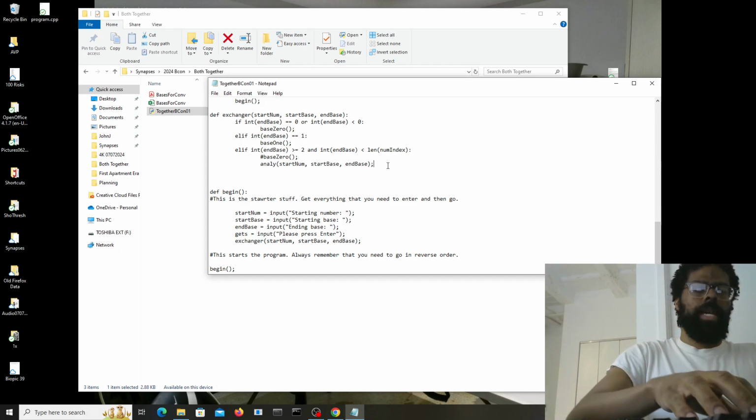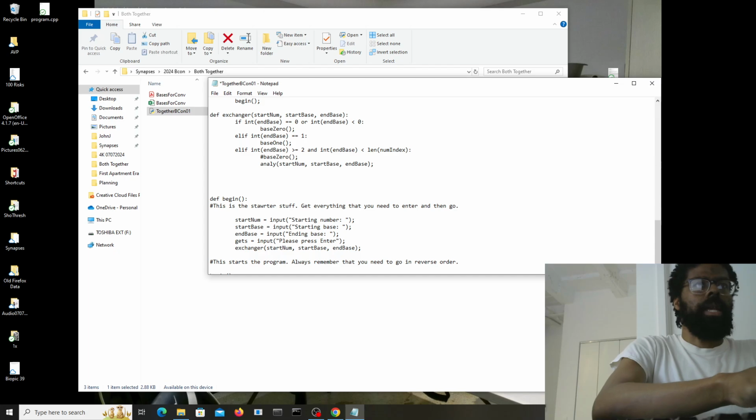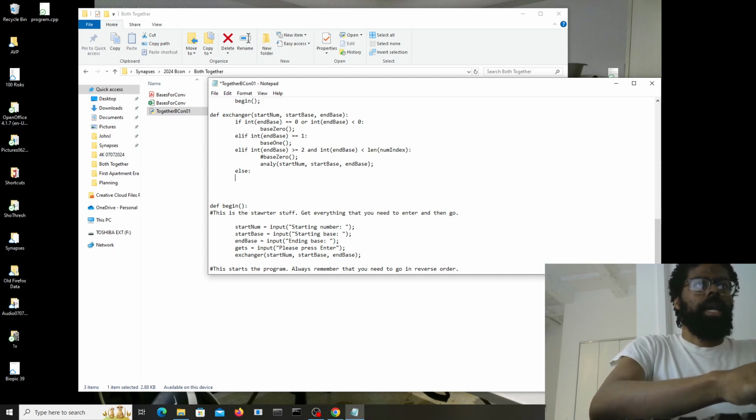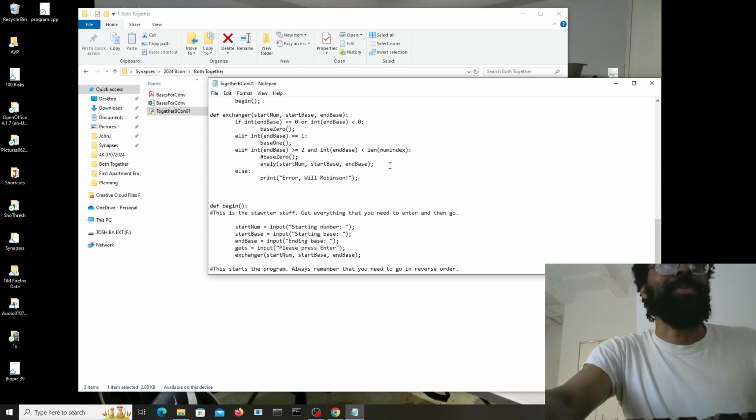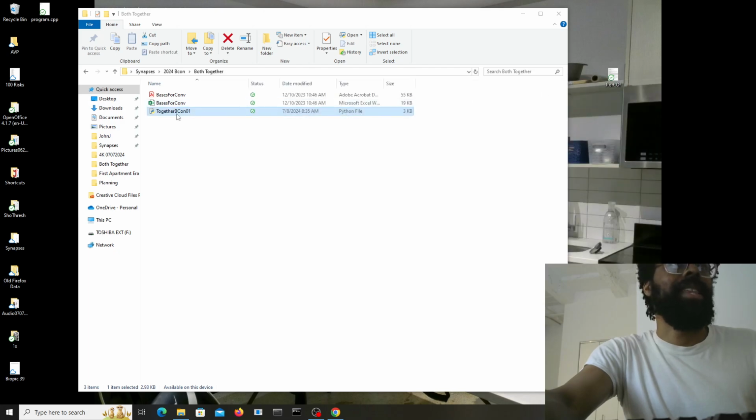So why don't I put an else in here? Else, print error Will Robinson. I know it's supposed to be Danger Will Robinson, but I decided to put Error Will Robinson.